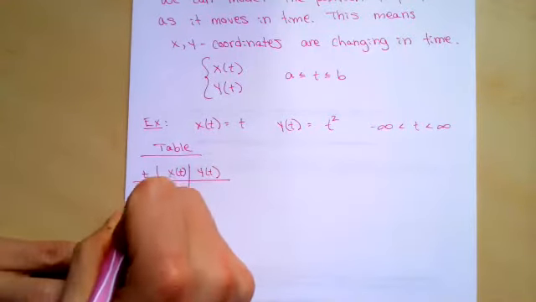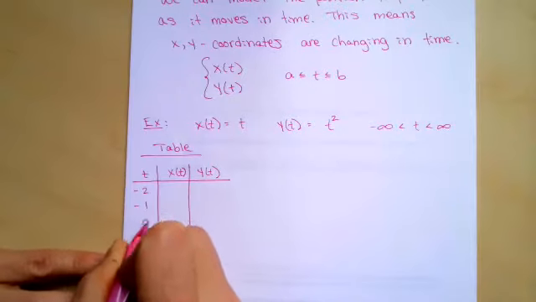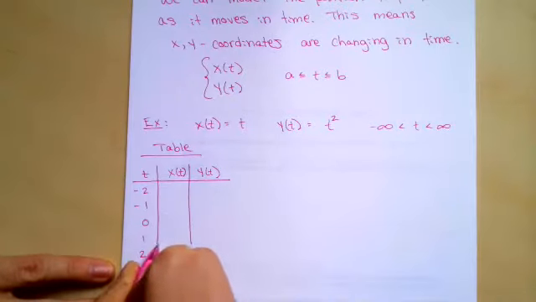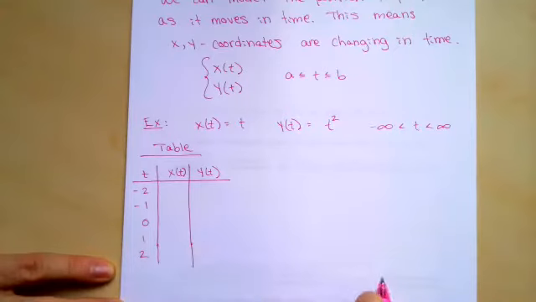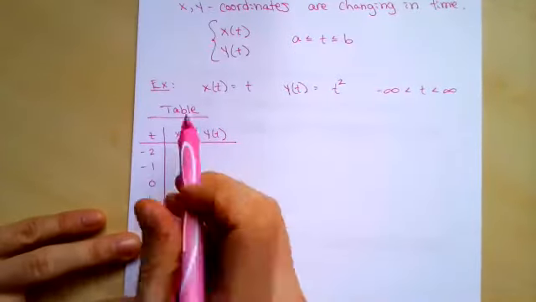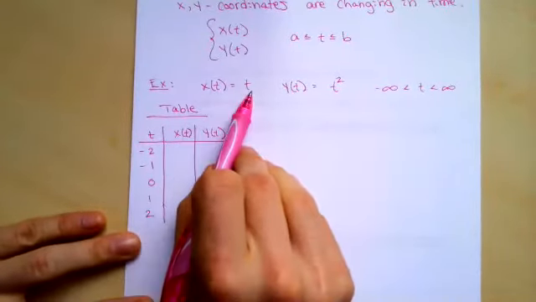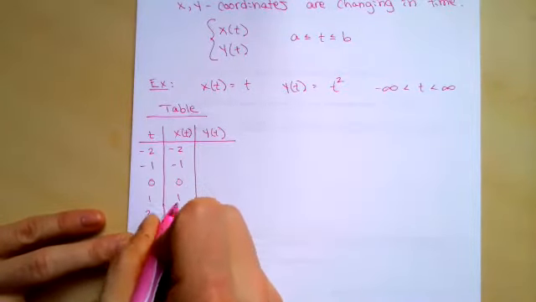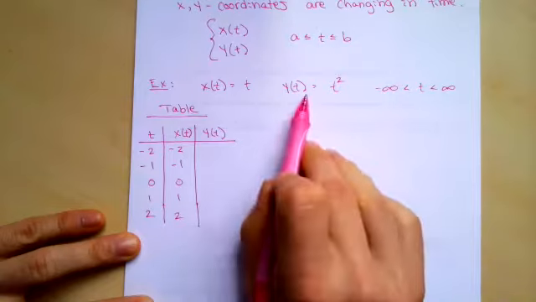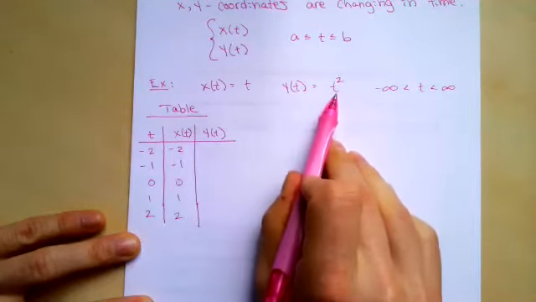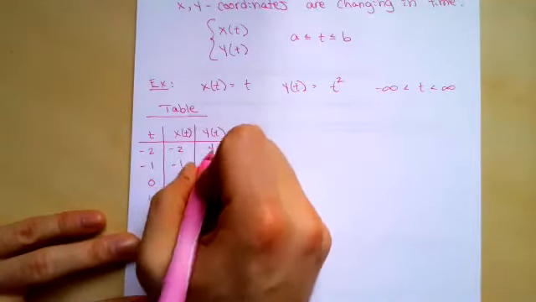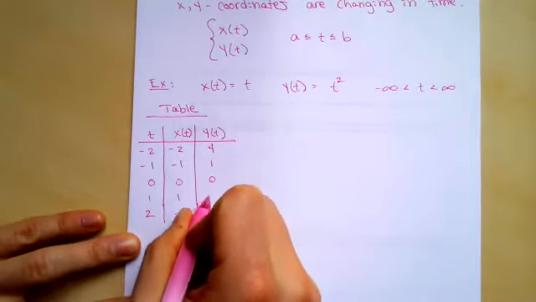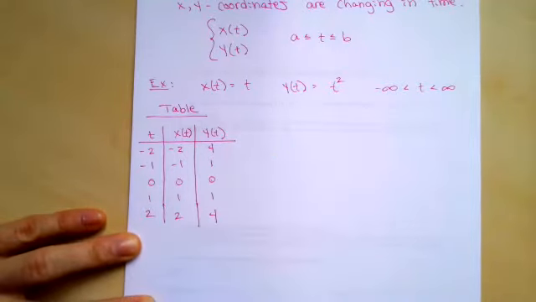So have minus 2, minus 1, 0, 1, and 2. So x of t is just equal to t. So those are pretty easy. And then what is y? Y says take t and square it. So we will get 4, 1, 0, 1, and 4.